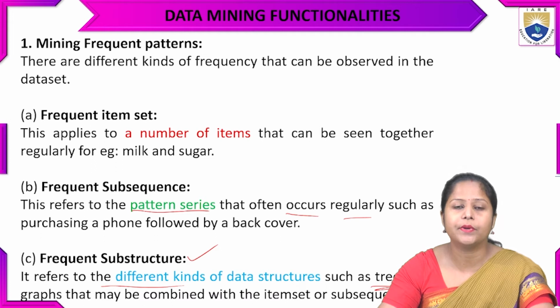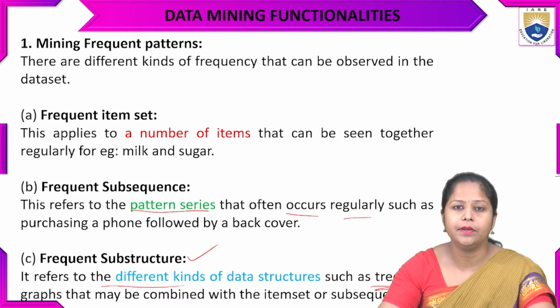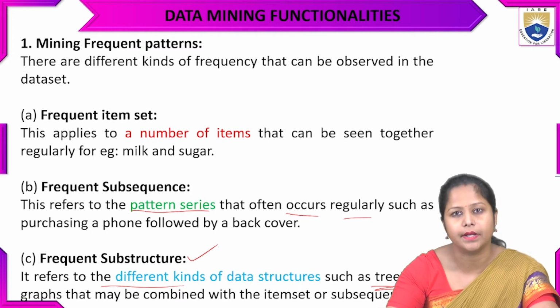If we are going to present different subsequences together, the substructure will carry out. Different kinds of data structure will be shown on the basis of such trees, such graphs. That is nothing but the substructure of the frequent item sets.